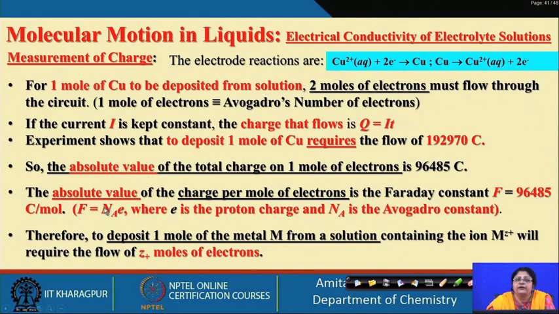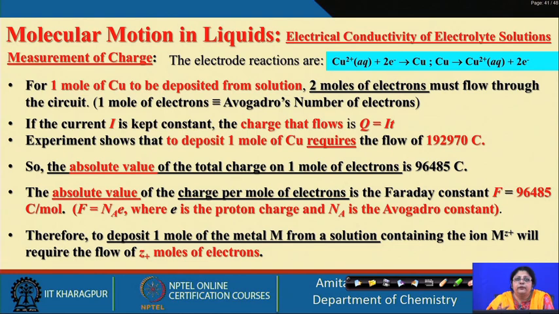So, we have this interpretation of the Faraday constant, and in absolute values, it gives the charge per mole of electrons. Okay. So, the Faraday constant is, by definition, the absolute value of charge per mole of the electron.